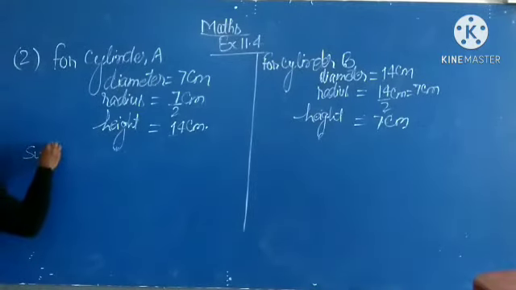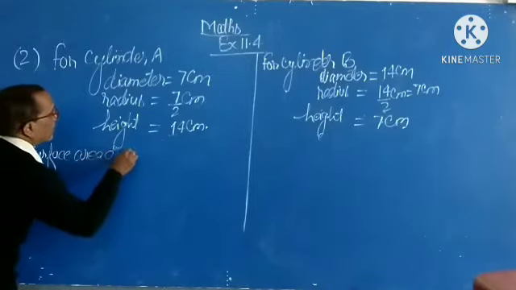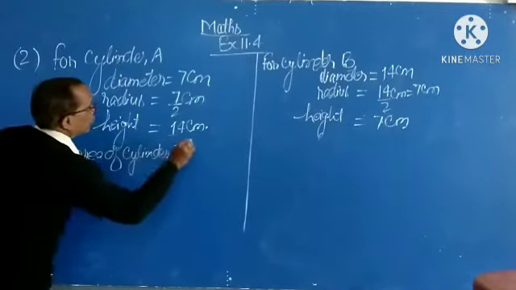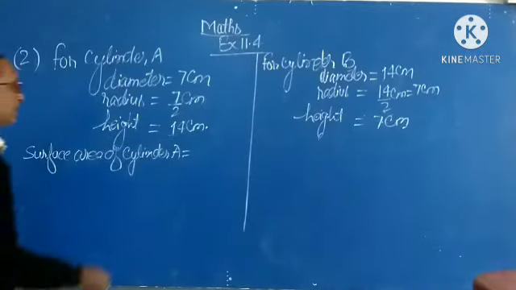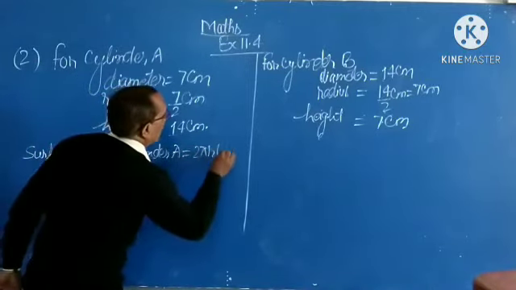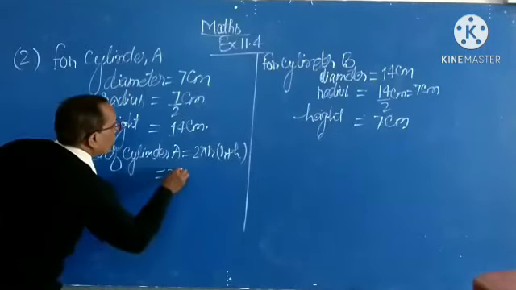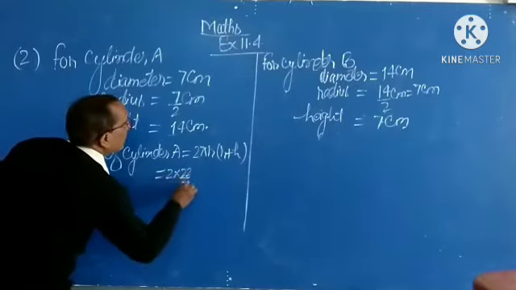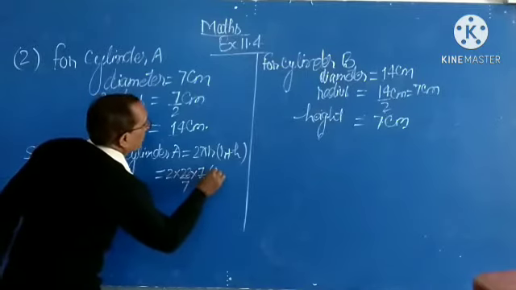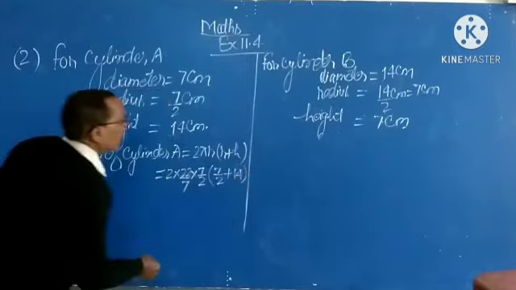Surface area of cylinder A. This means you find out total surface area of cylinder, that is 2 pi r in the bracket r plus h. You write down 2 into 22 by 7 into 7 upon 2 in the bracket 7 upon 2 plus 14.